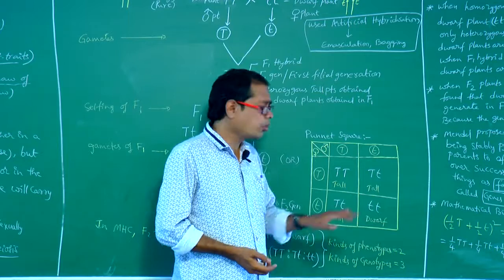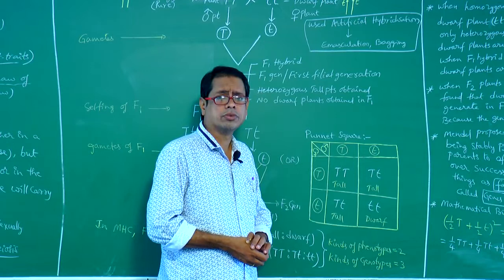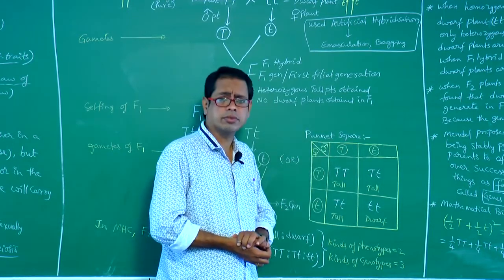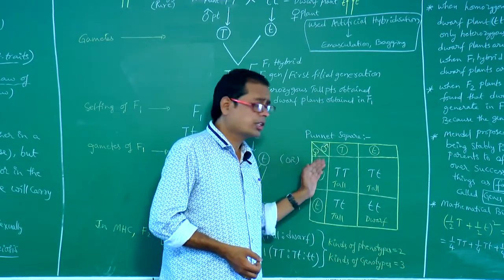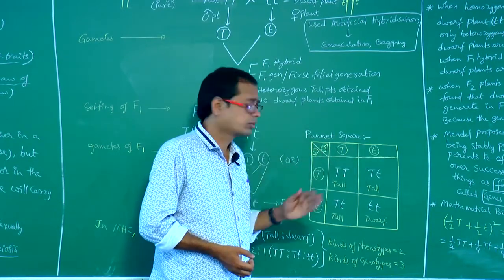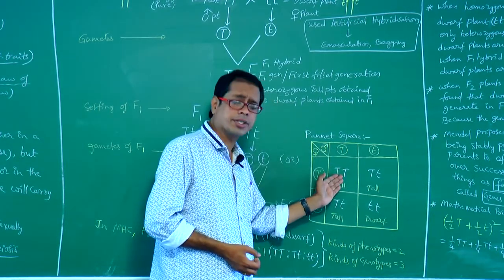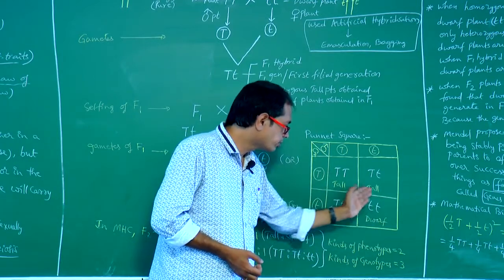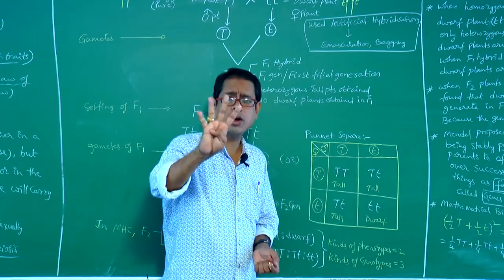That means what do we know from the Punnett square? Punnett square is useful to know all the gametes involved in fertilization, that is, types of gametes, union of gametes, all possible phenotypes, all possible genotypes. How many points do we have to know?